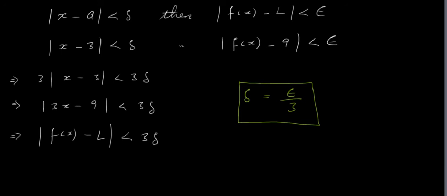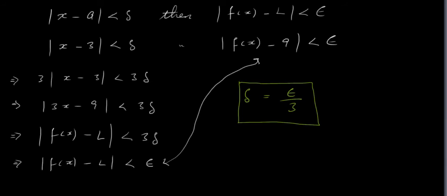If I do that, I get the modulus of f of x minus L less than 3 delta. Remember, delta is epsilon over 3, so if I put in epsilon over 3 here, the 3's will cancel and I'll just end up with epsilon. Now I've got the right hand side, exactly the same as this here.